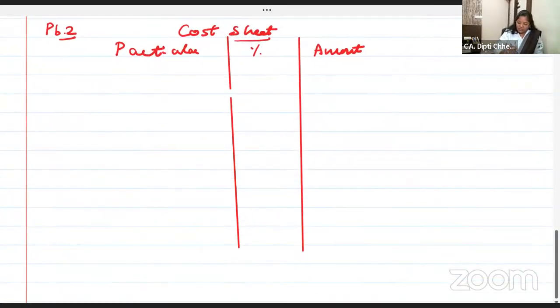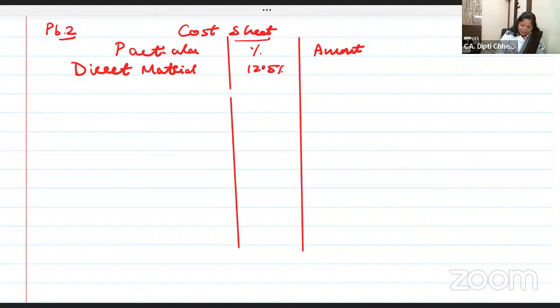Now, first they said direct material. Just copy the data in paper. Copy the data in paper. Direct material is 12.75%. Direct labor is 17.5% of the sales.